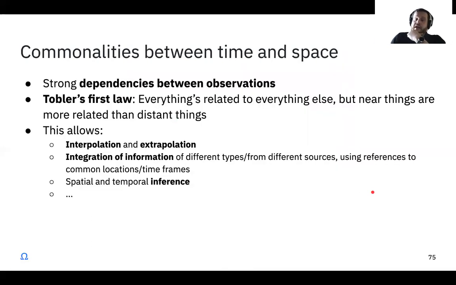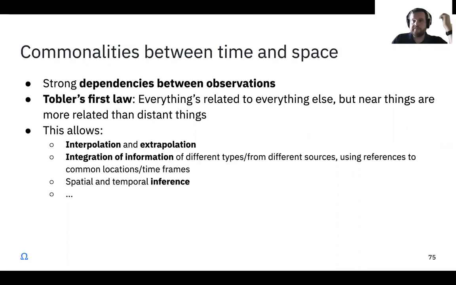And regarding the commonalities between time and space from the theoretical perspective, in both domains there are very strong dependencies between observations. One point doesn't mean much usually, but it could mean a lot in comparison to other points, right? And what is called Tobler's first law, I think that comes from cartography, is that everything's related to everything else, but near things are more related than distant things.